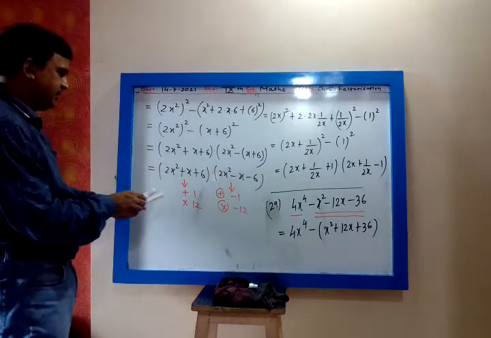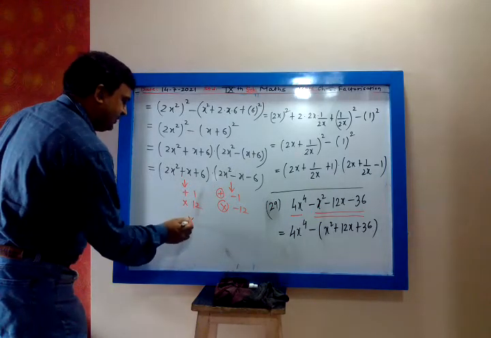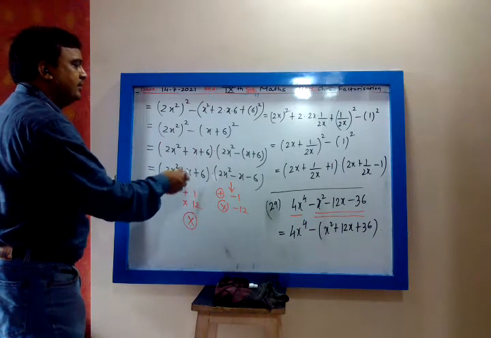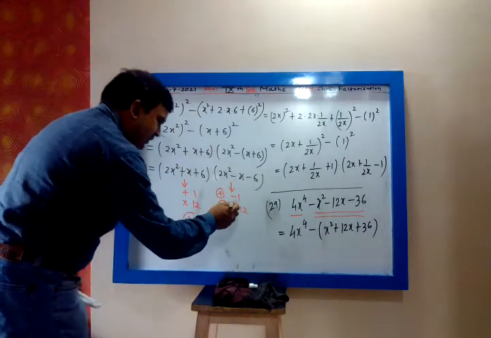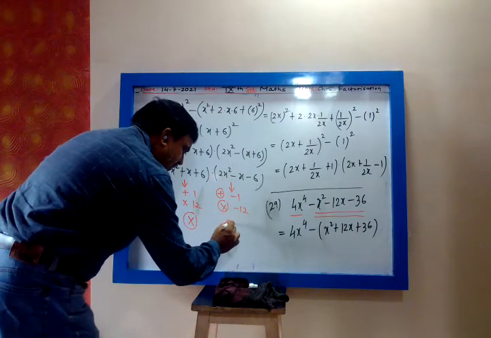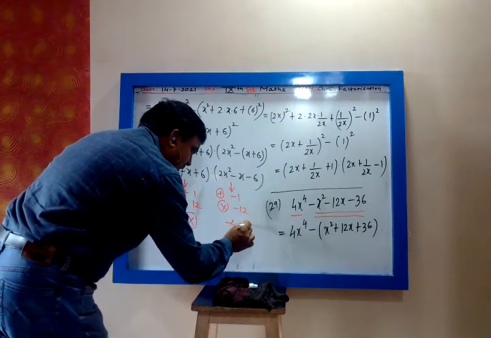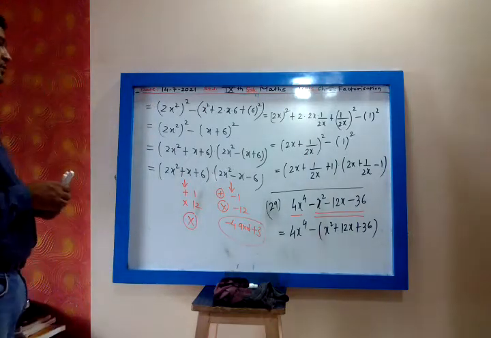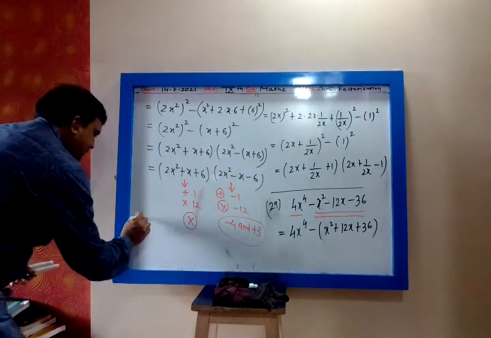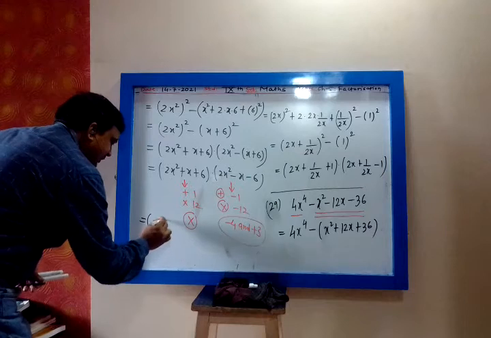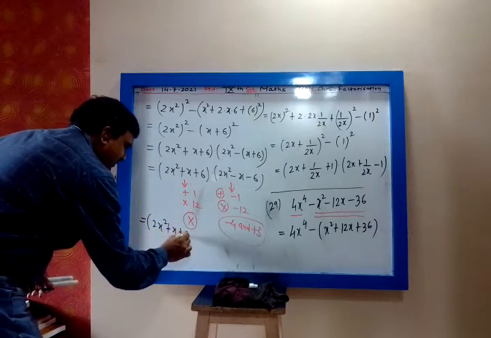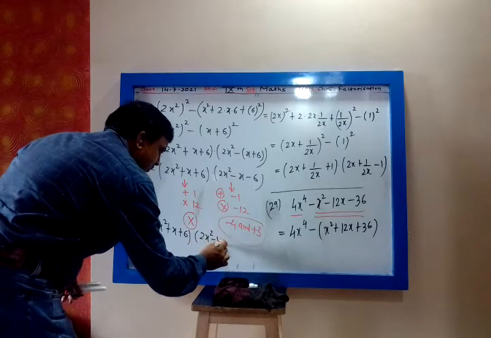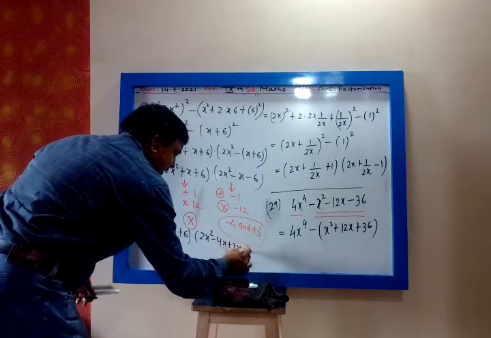First one you cannot factorize, because b square minus 4ac will not be a perfect square. What about the second? We can find the numbers minus 4 and plus 3. So first one we cannot factorize; I will write it as it is, 2x square plus x plus 6. Then second one I will write as 2x square minus 4x plus 3x minus 6.